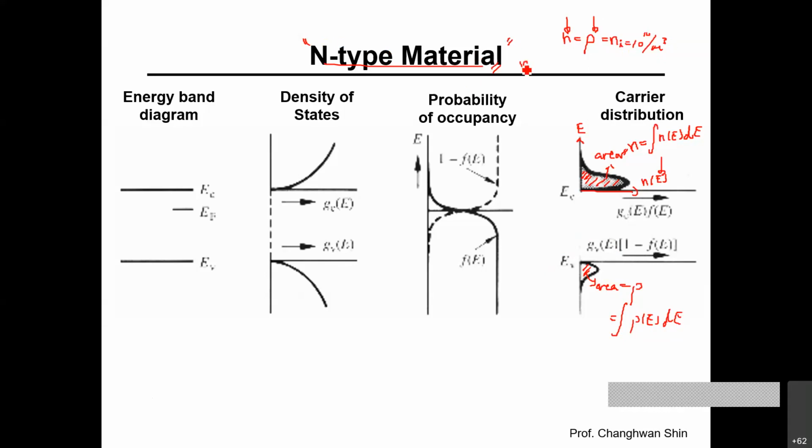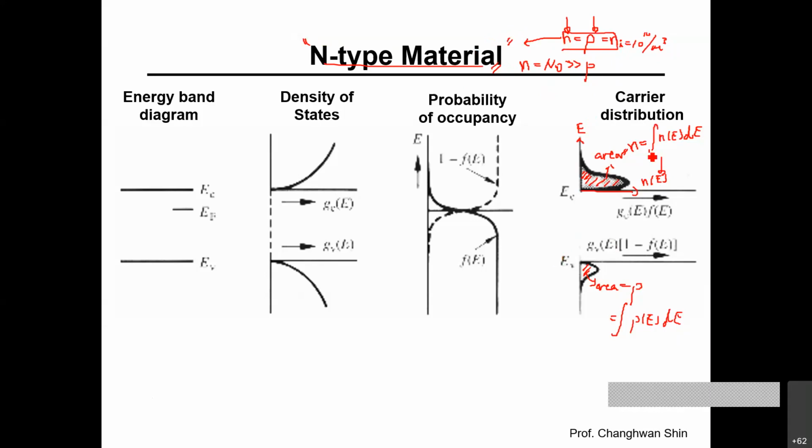Definitely, as we have learned, the number of electrons is governed by the dopant concentration, the donor concentration. And this n sub D is much higher than the hole concentration p. So this equation cannot be valid in N-type silicon material.